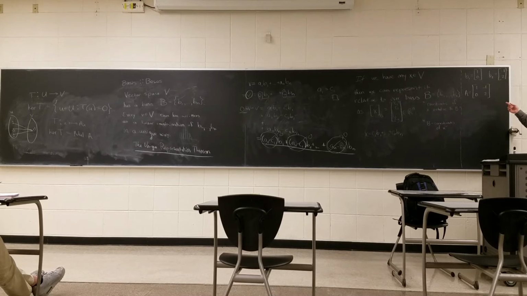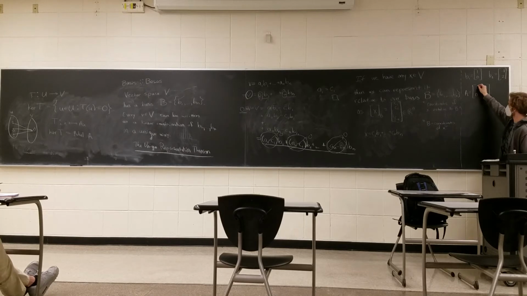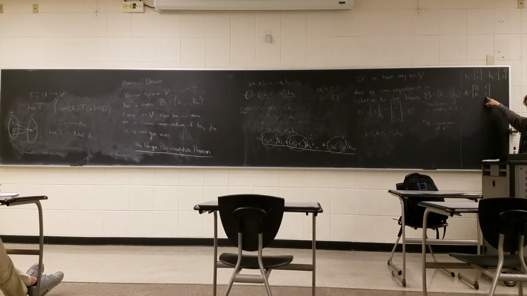Now, how would I tell if it's a basis by looking at this matrix? The columns are linearly independent. And how do I know if they're linearly independent from this? There's a pivot in each column. Yeah, so first of all, this is definitely a pivot. We move to the next row, and we go to the first column with a non-zero entry.